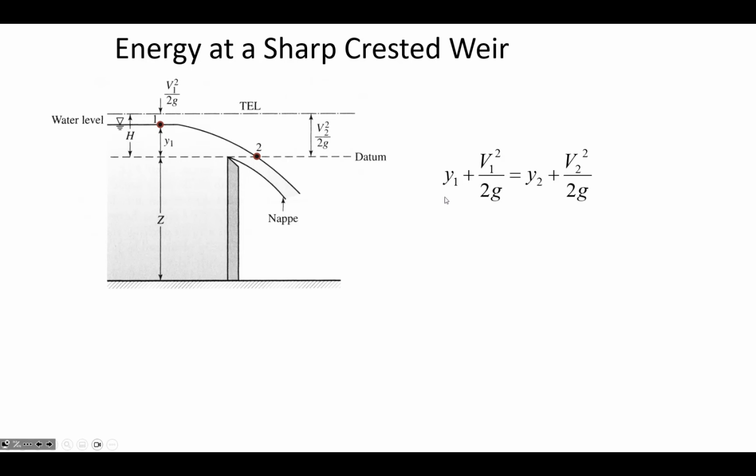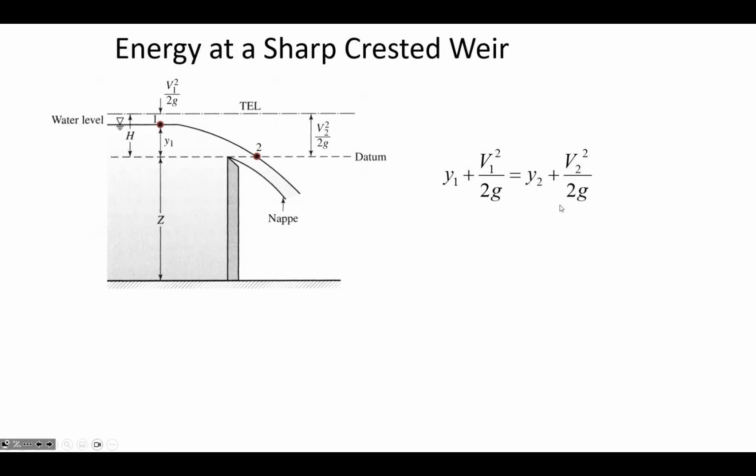In terms of specific energy, we look at the height of the water above the weir, so Y1, and the velocity head, and when the water is approaching that overflow, it's increasing the velocity and it's losing the depth. And so whatever Y1 term was there at location 1, the elevation above the weir, has been exchanged into extra velocity at 2.